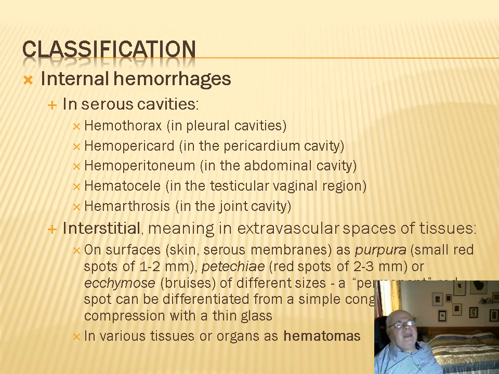In the serous cavities of our body, like the pleural, pericardial, peritoneal cavity, the hemorrhages are listed here with their names. Hemothorax, hemopericardium, we already discussed about it, hemoperitoneum, hematocele near the testicle, hemarthrosis in the articular cavity.